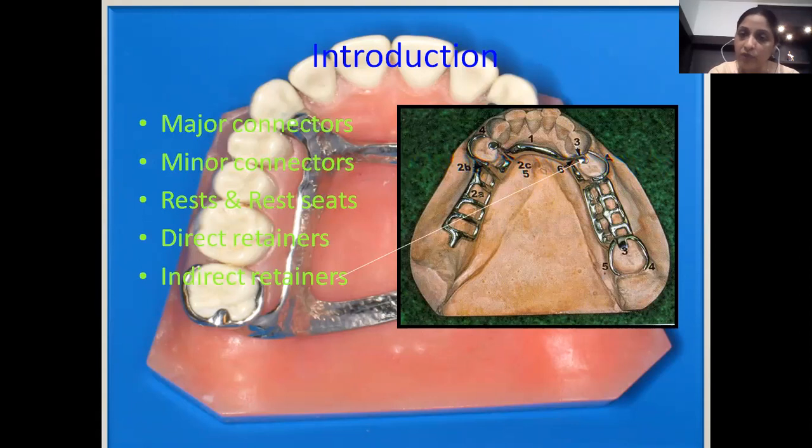There are two types of rest: primary rest, which we have discussed before, which provides support to the prosthesis, and the indirect retainers are basically secondary rest or auxiliary rest, which help in providing indirect retention to the RPD. What they do, they help the direct retainer to provide the retention. So that is why they are known as indirect retainers.